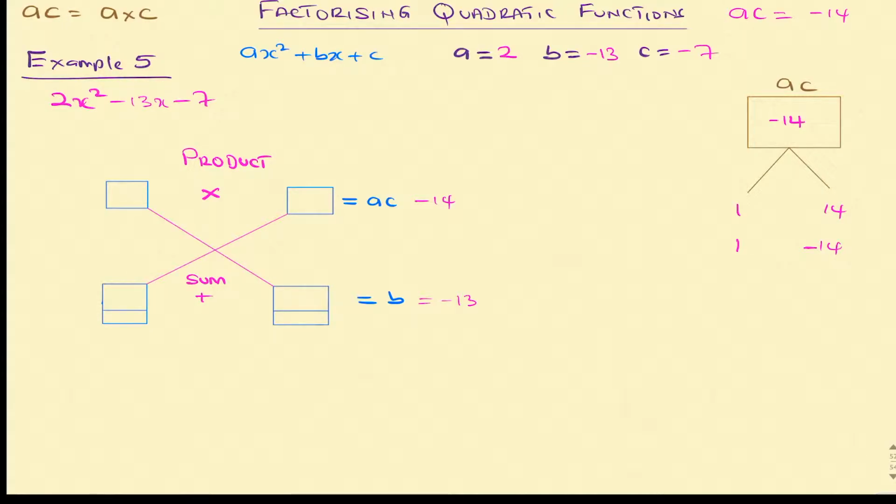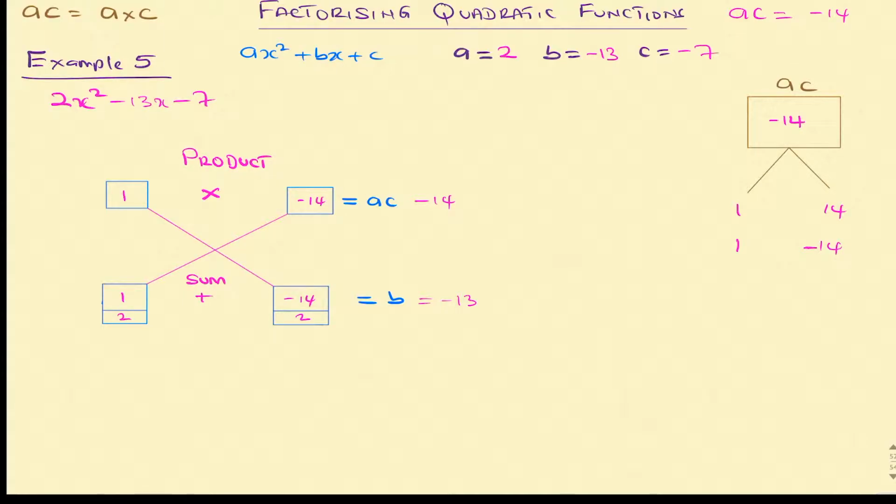So product means times, sum means plus. In the two top boxes, we put 1 and minus 14. In the bottom box numerator, we put 1 and minus 14. Our a is 2, so we divide the bottom boxes by 2, and in the denominators goes 2.